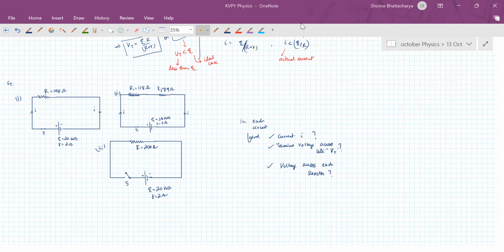Oh, sorry, just a moment. I have given you a wrong value in the second question. R2 is 79. It's okay, 89 is also fine, but we'll just get a very odd value. So 79 ohms.